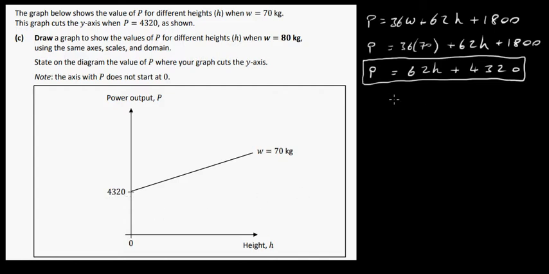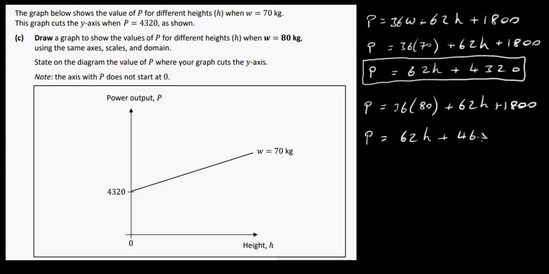Now if you do exactly the same for 80 kilograms, because we were asked to draw a graph when W is equal to 80, P is equal to 36 times 80 plus 62H plus 1800. When you do all of this, you should get 62H plus 4680.